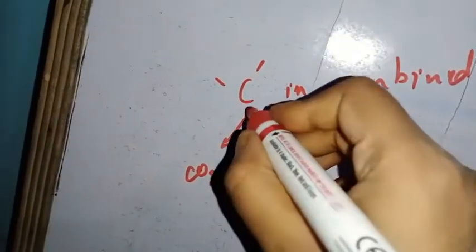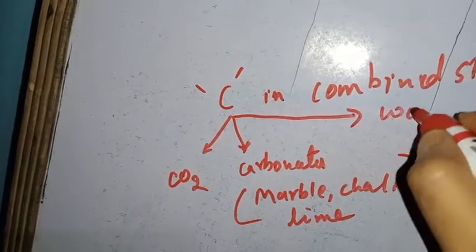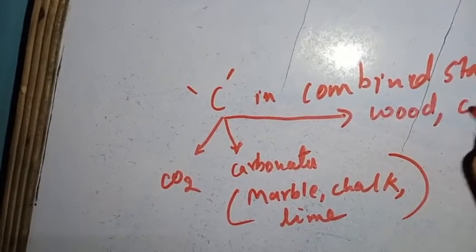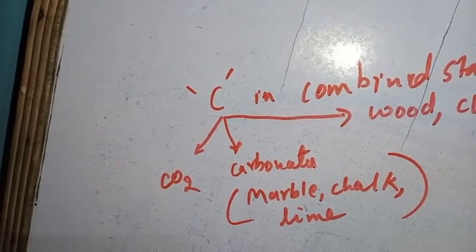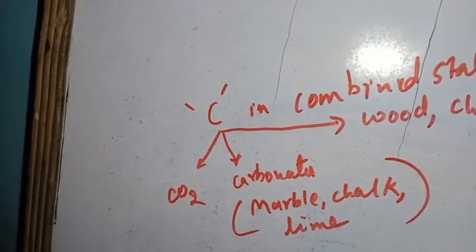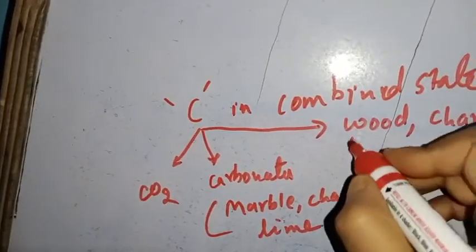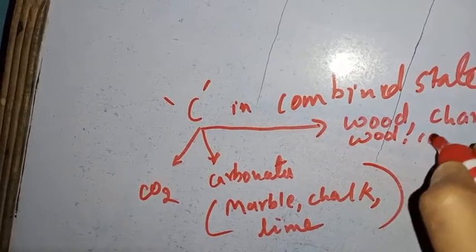Then it is also found in the form of wood, charcoal, wool, cotton.